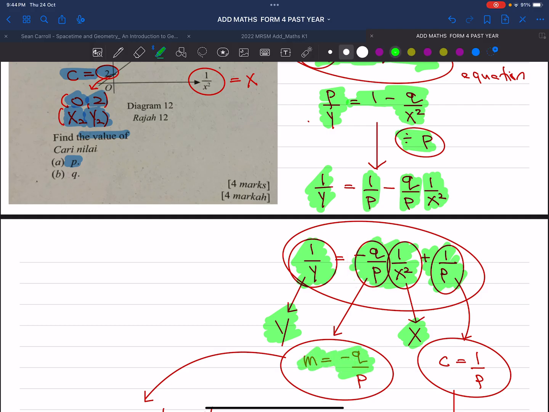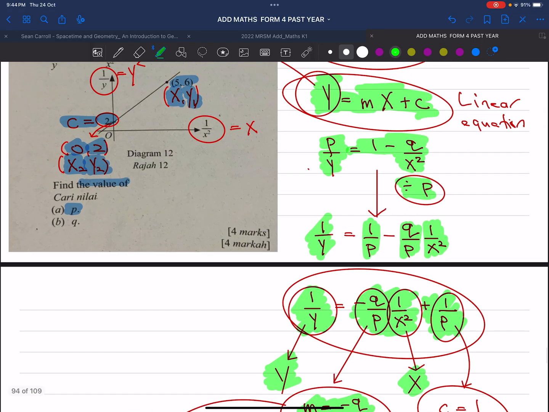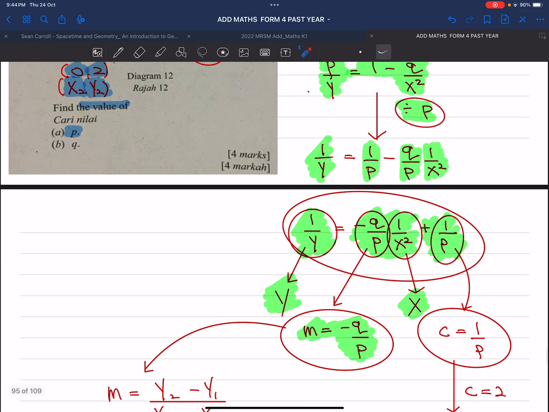And finally, in this equation, the last number is C, the y-intercept. So C is 1 over p.